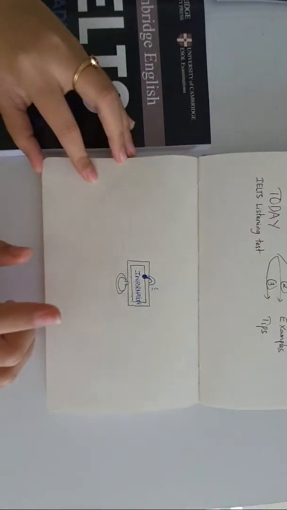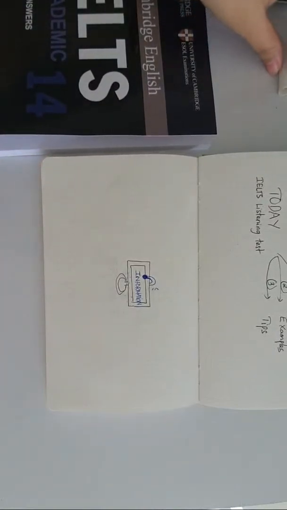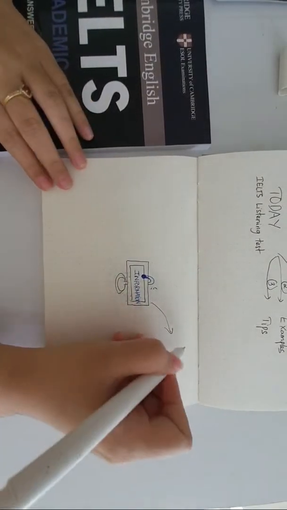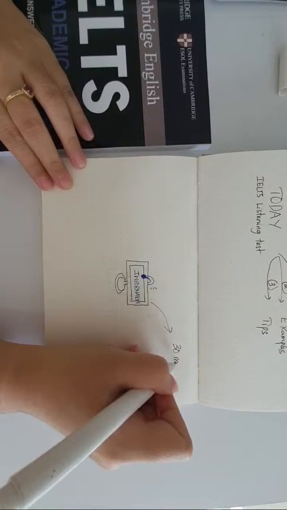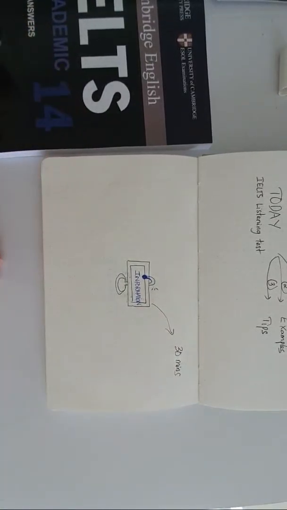Let's get started. Some information about the IELTS listening test. As you know, we get about 30 minutes for the IELTS listening test. At the end of the test, you have 10 minutes to transfer your answers to the answer sheet.